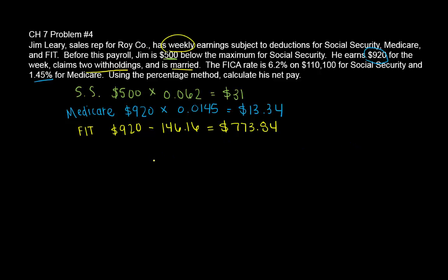So let's go back to the first page here. We're going to take the $773.84. We're going to subtract $490. All right, and that's going to give us $283.84.